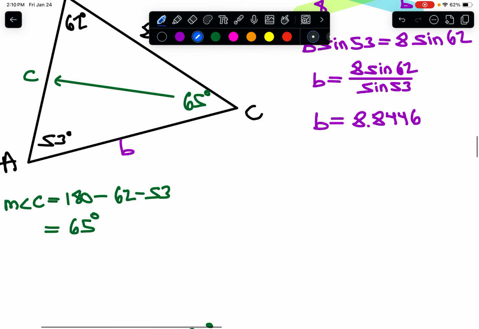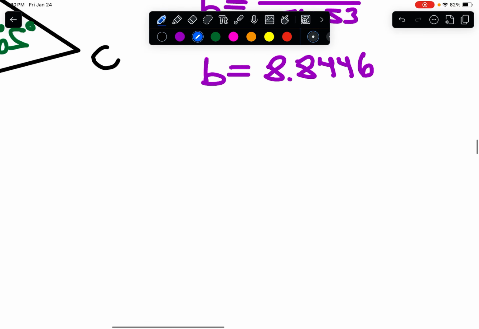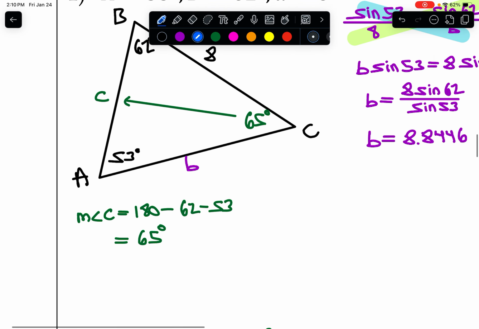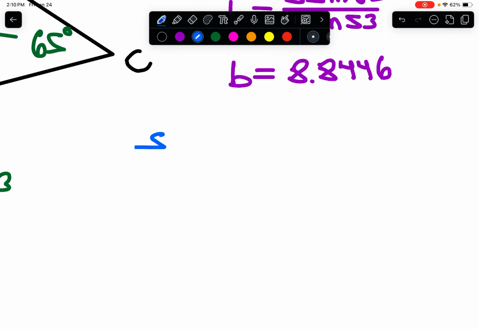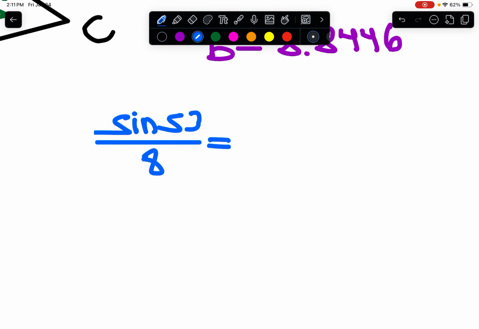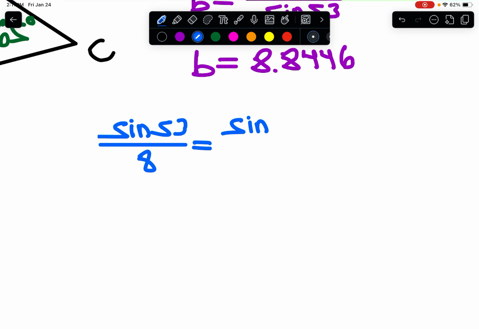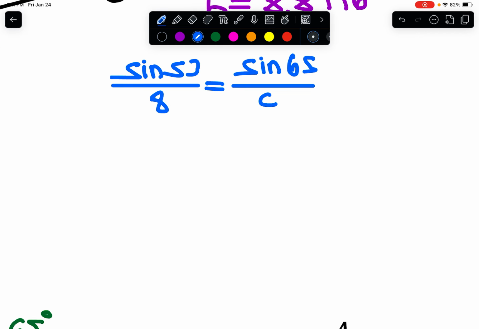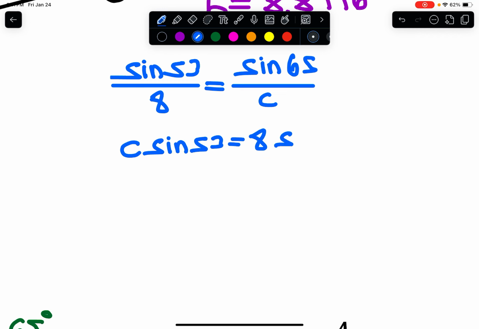Now I'm going to move over to sine C. I'm still going to use my pair from A to help me with finding side C. So I'm going to have sine 53 over 8, and then I'm going to set that equal to sine 65 over C. Once again, you can cross multiply and divide. So this is going to be C sine 53 equals 8 sine 65.